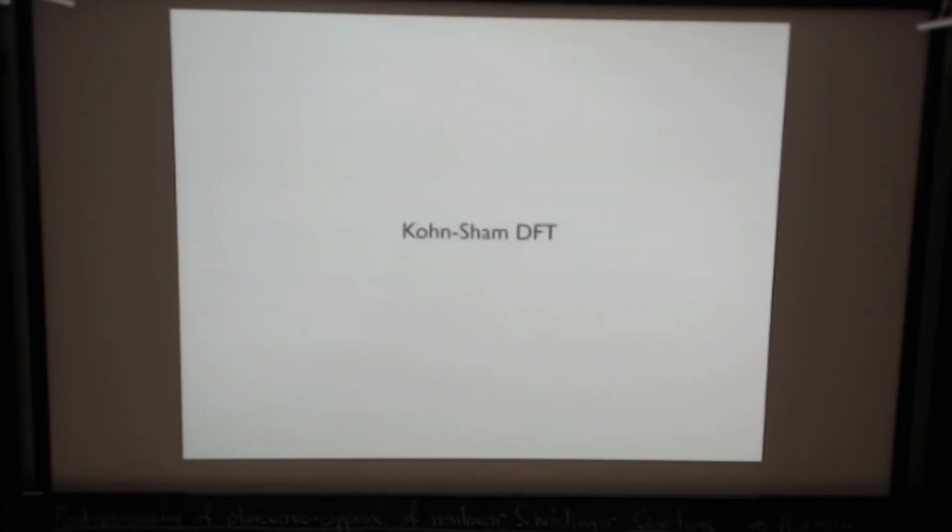Okay, then let me finish on what was also in the title, Kohn-Sham DFT. I have to be very brief on what it is, but at the end I give you numerical results showing that we can also extend the theory to it.